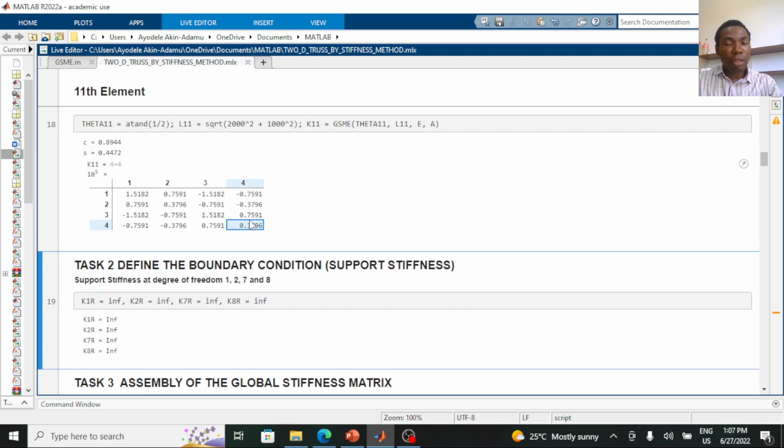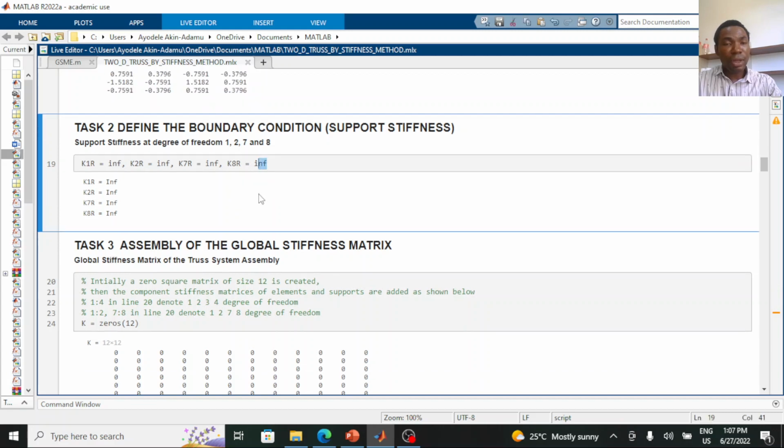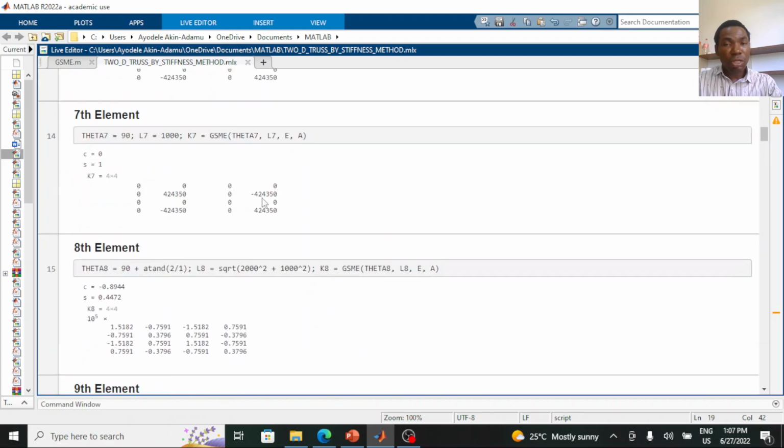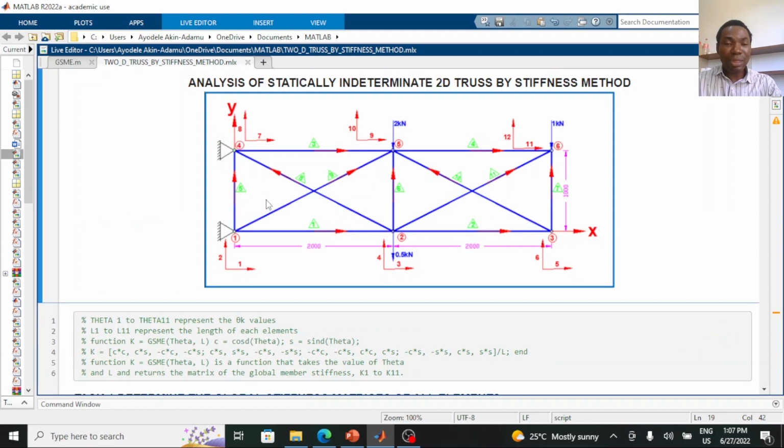After we have computed all the local stiffness matrices, the next thing we need to do is define a large stiffness for our support degrees of freedom. In the question, as I have already explained, at node 1 and node 4 we have support, which has degrees of freedom 1, 2, 7, 8.